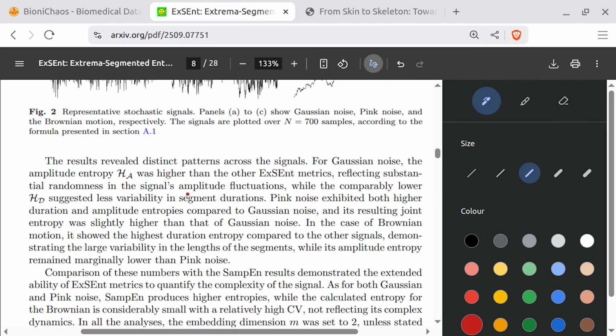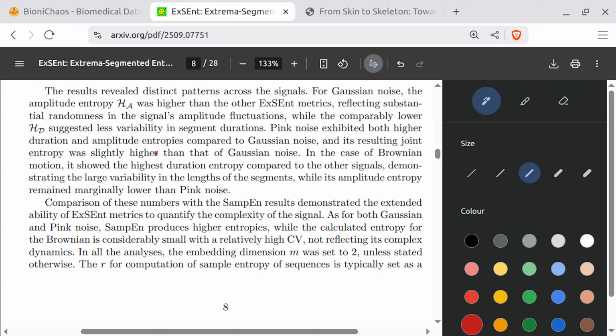Okay, let's keep going with the results of the paper. Can you summarize this text? Sure, this text summarizes the findings for different types of signals. For Gaussian noise, the amplitude showed high randomness, while segment durations were more stable. Pink noise had high randomness. It also continues by stating that pink noise had higher entropy for both duration and amplitude compared to Gaussian noise, with its joint entropy only slightly higher.